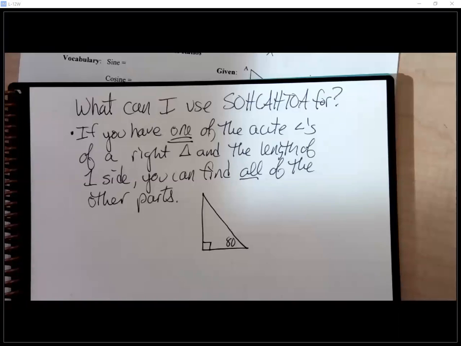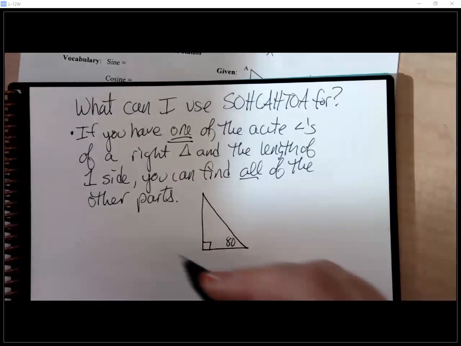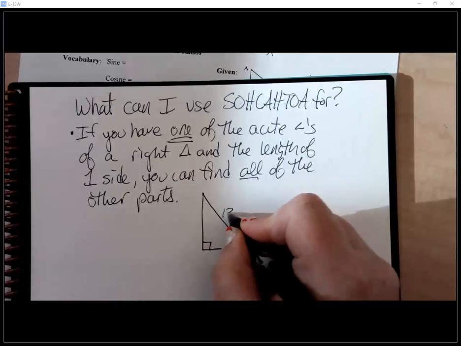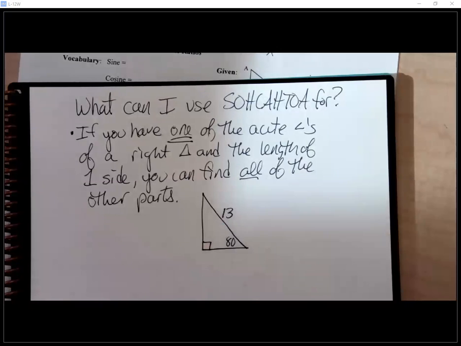But now my claim to you is if you know one of those angles and one of those three sides, I don't even care which one, let's make the hypotenuse 13. I claim you can find the lengths of the other two sides of this triangle with just this information.